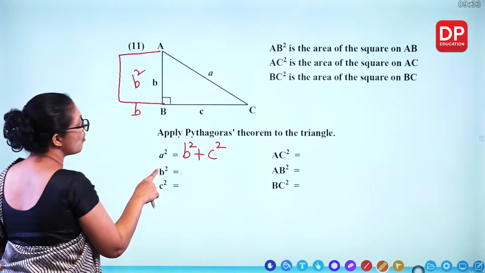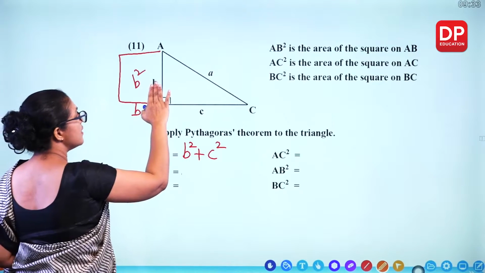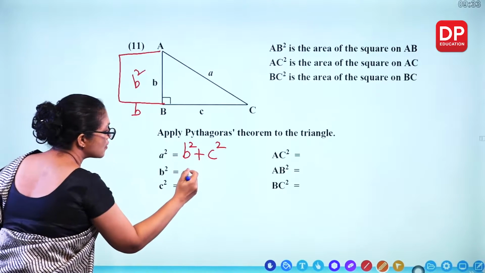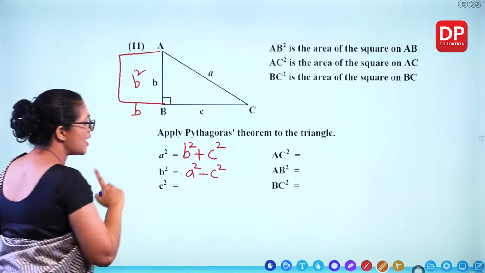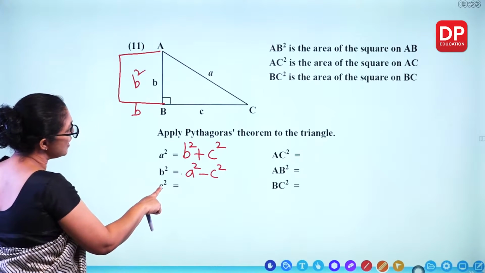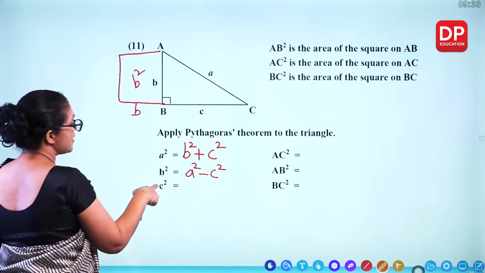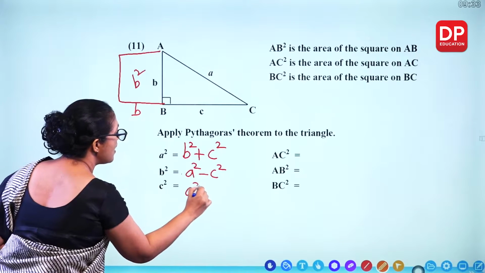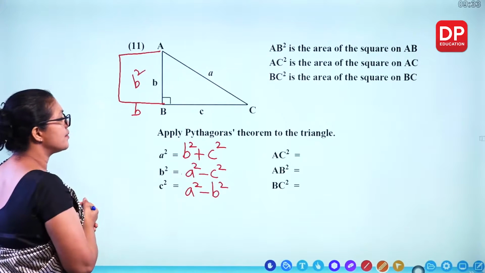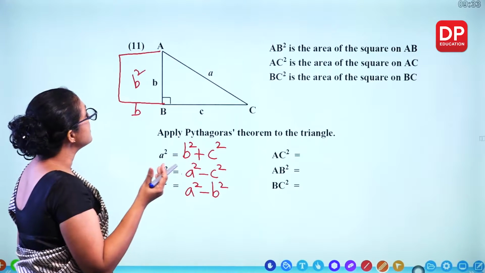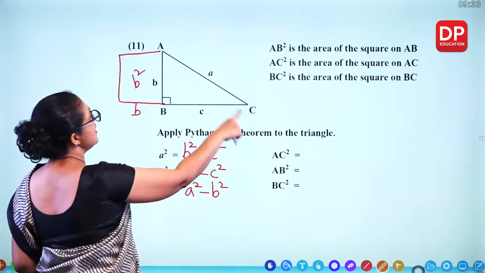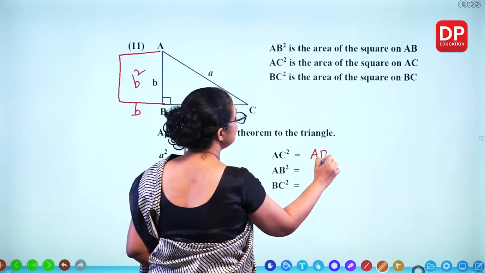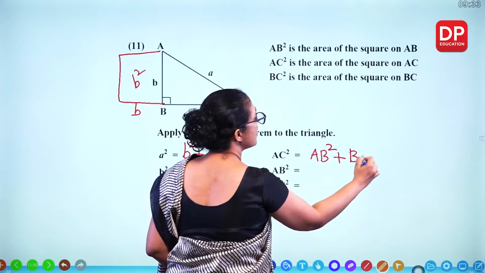Now if you want a squared, how can you find out? If you know b and c, you can subtract. So b squared minus c squared becomes a squared. If you want c squared, how do you make c squared the subject? You can take c squared is b squared minus a squared. Now when you use letters, what is AC squared? AC squared is equal to AB squared plus BC squared.